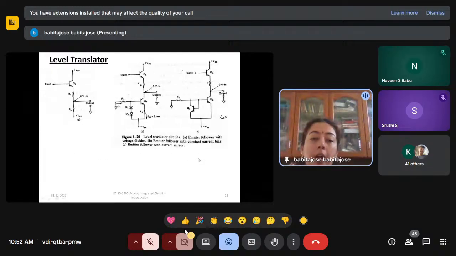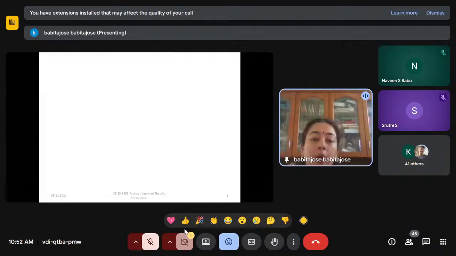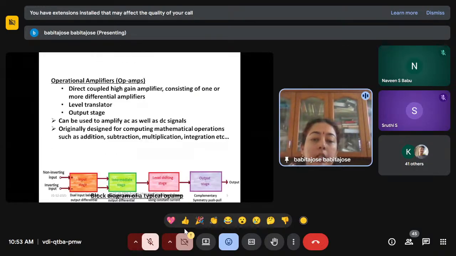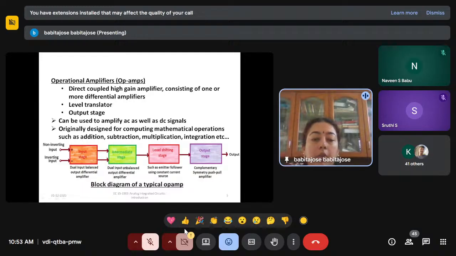If we go back to the block diagram, you have the input stage, that is dual input balanced output, then the intermediate stage. It is direct coupled, DC coupled. So after this intermediate stage, the DC level at the output increases. It rises from stage to stage.